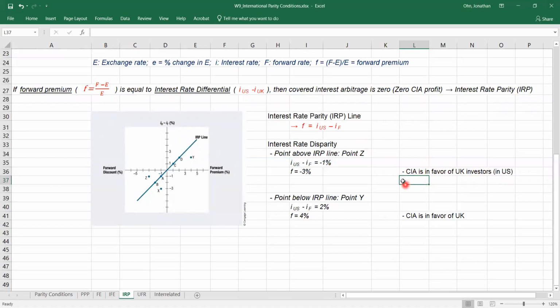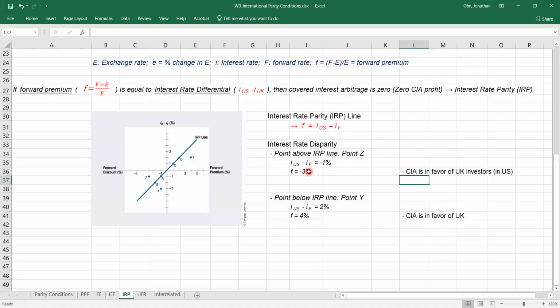The covered interest arbitrage opportunity will start to disappear. F is this one here: the forward rate minus the exchange rate, divided by the exchange rate.